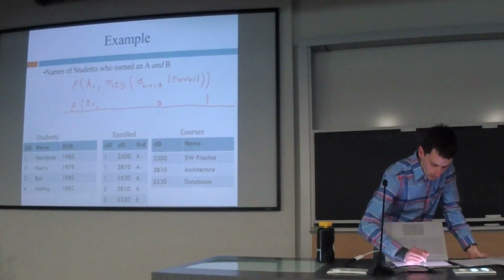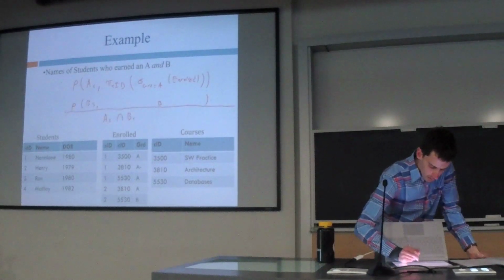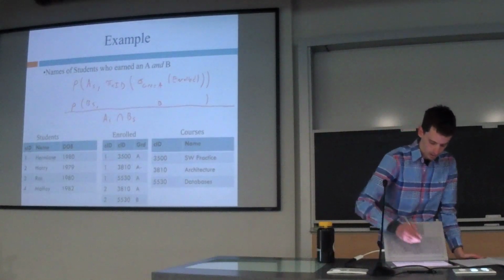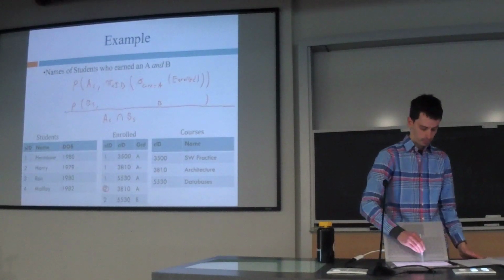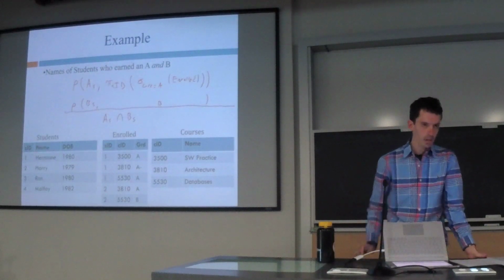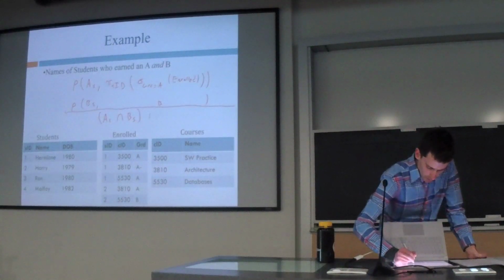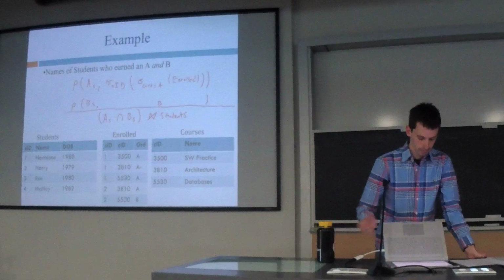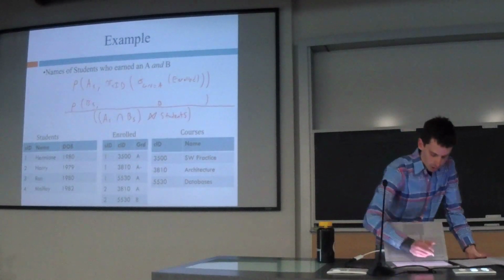So if I do A's intersect B's, that's going to give me a relation containing just one student ID, 2. Okay? Natural join that with students to link it up to a name. And then we just project out the name.